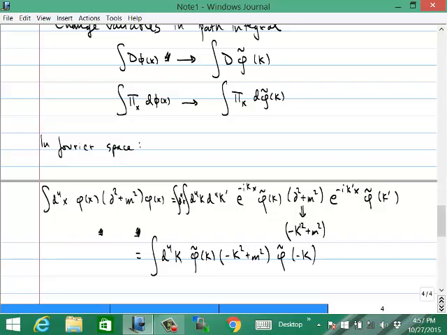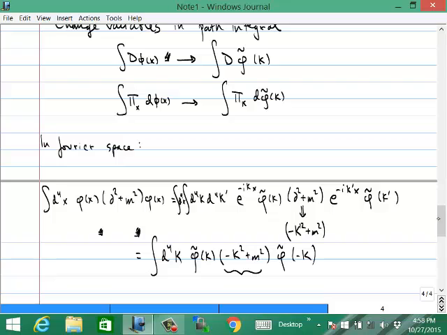That d squared plus m squared, which was some horrible differential operator, becomes just a function of k. This is what we mean when we say that the kinetic term is the analog of a diagonal matrix in momentum space. If you think about the infinite by infinite matrix whose columns and rows are labeled by k, then it's a diagonal matrix.